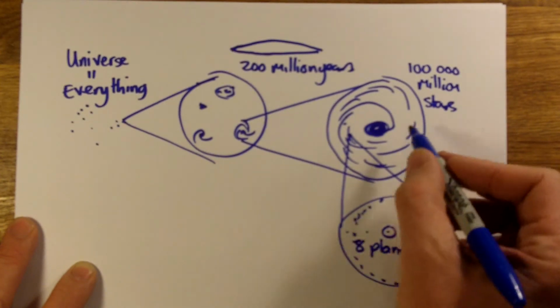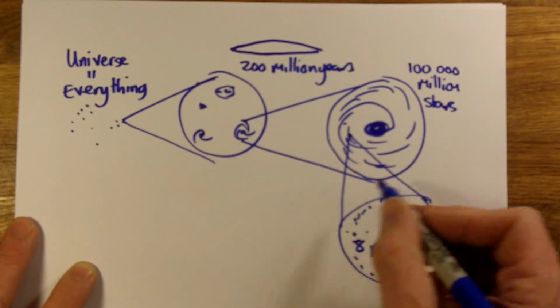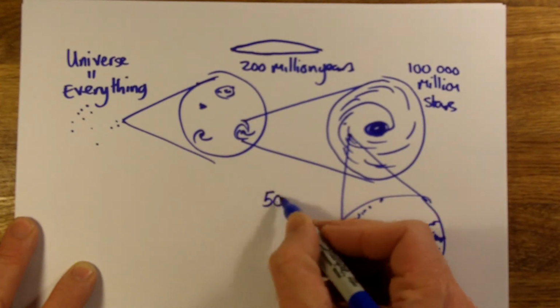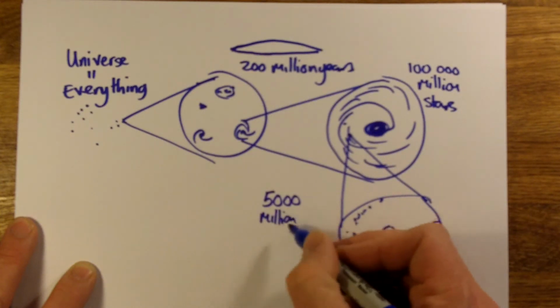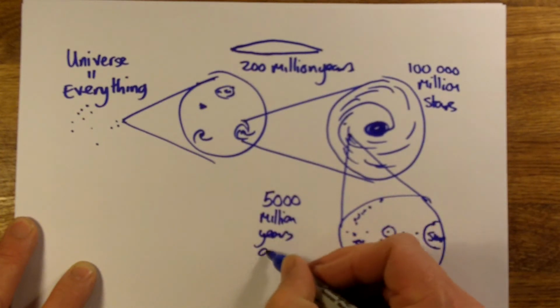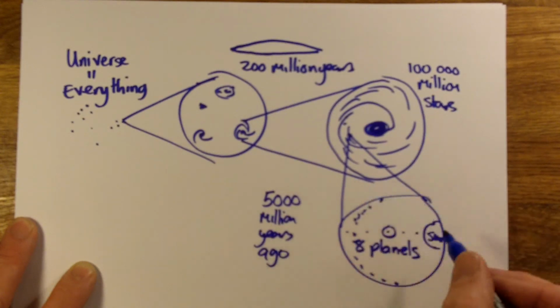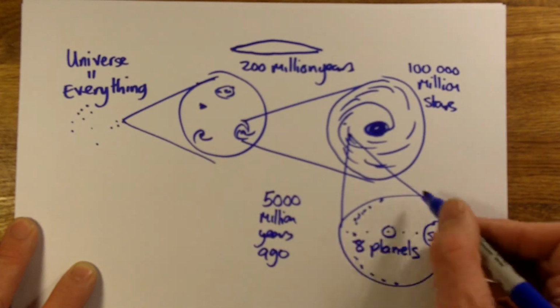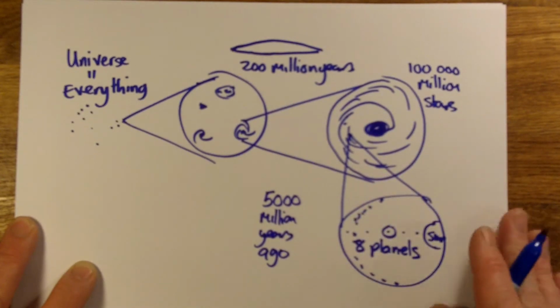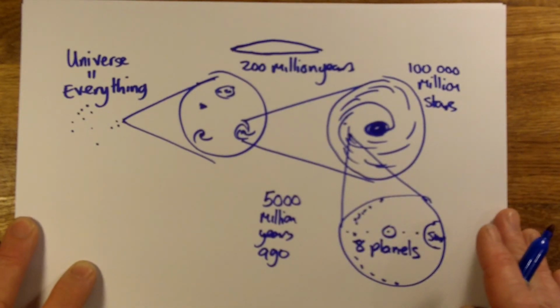Now, the whole of our solar system was formed about 5,000 million years ago. And that giant solar system was all formed at the same time from a giant cloud of collapsing dust and gas called a nebula.